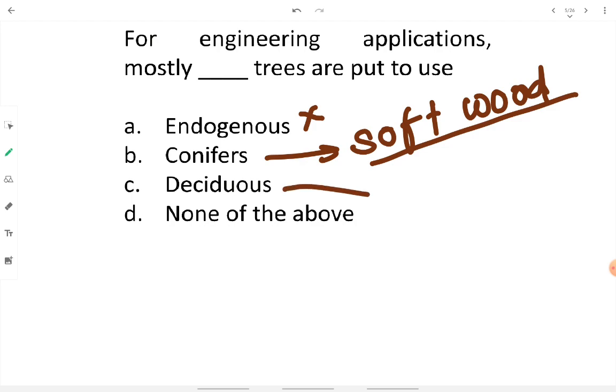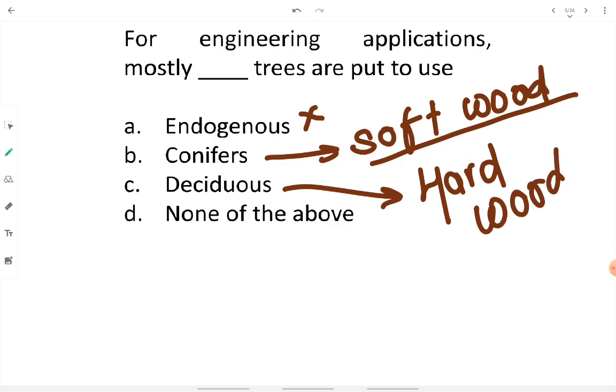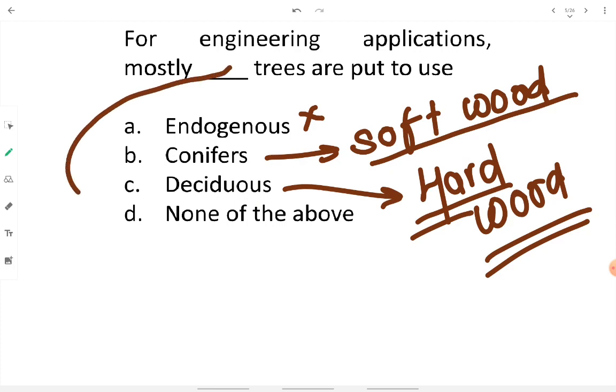The correct option here is deciduous, because deciduous is hardwood, and we require a wood which has good strength and durability properties. That's why we always go with deciduous wood. It is heavy, it has more specific gravity, therefore its weight is more, its strength is more. That's why for engineering application, mostly we go with deciduous trees.